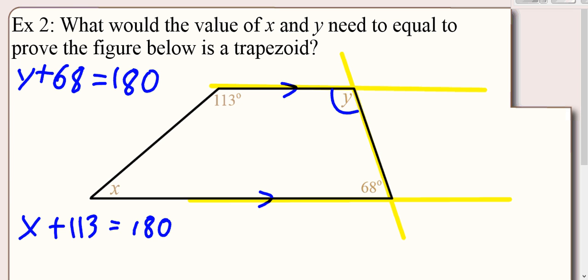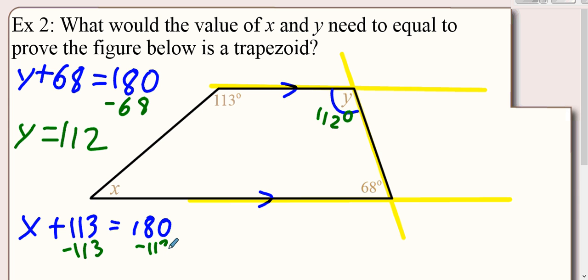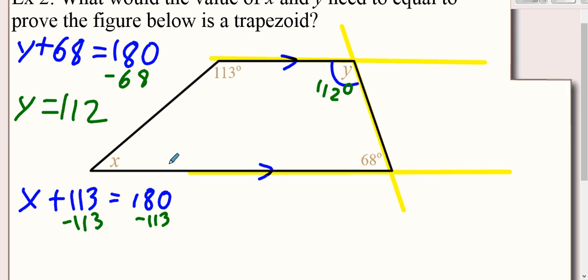And you can solve for X and Y. Angle Y is 112. And X, 67 degrees.